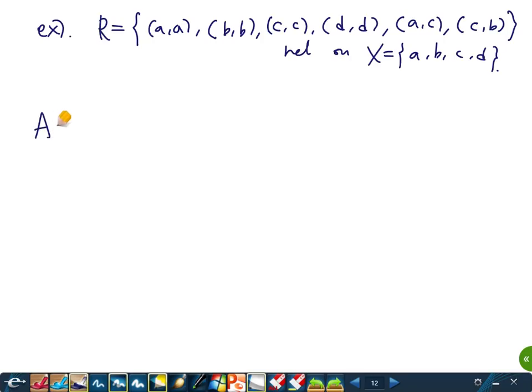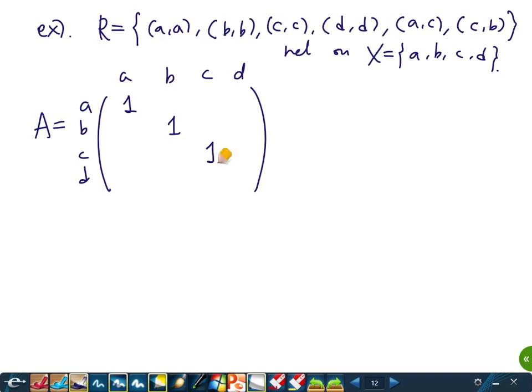Let's consider the matrix of the relation, with rows and columns A, B, C, D. A comma A, so here is 1, B comma B, C comma C, D comma D, A comma C, and so on. I'm going to leave the remaining entries empty. If it's empty, it's 0. I'm not going to write zeros there.